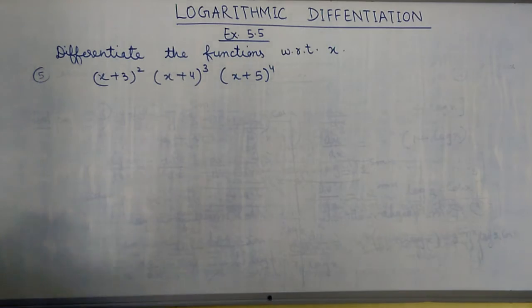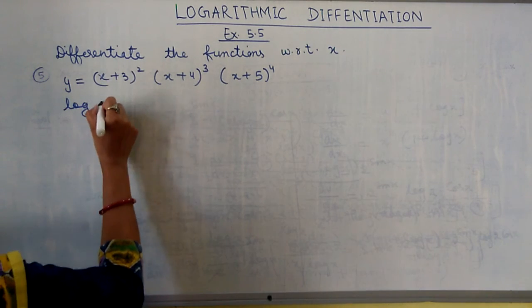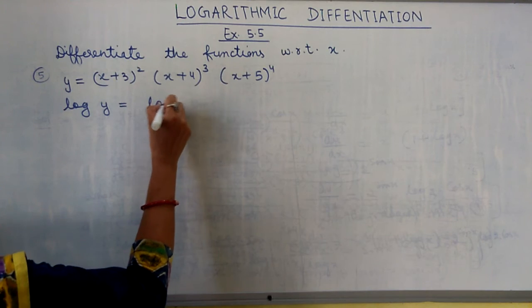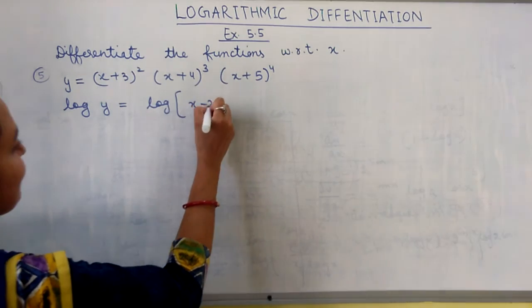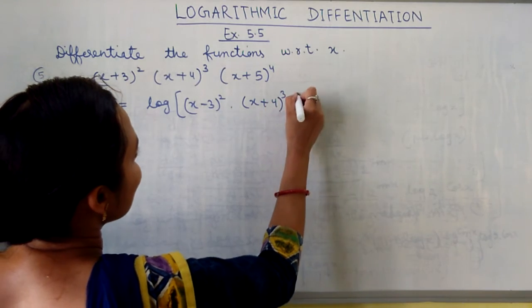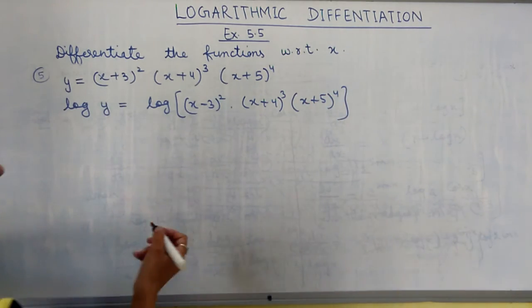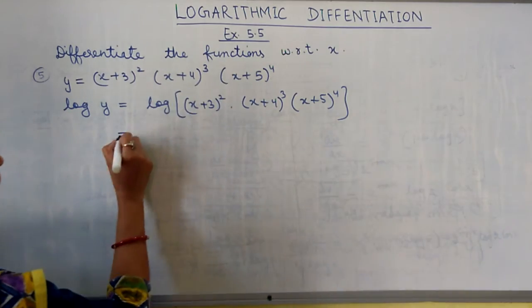So how can you solve this question? Take it as y. Take log y is equals to log of x minus 3 whole square, x plus 4 whole cube, x plus 5 raised to power 4. Okay, this is in product.